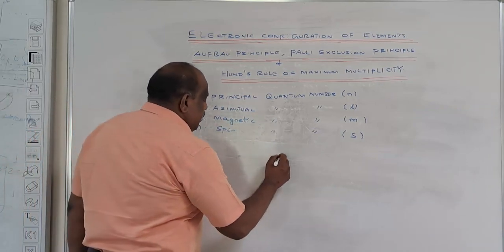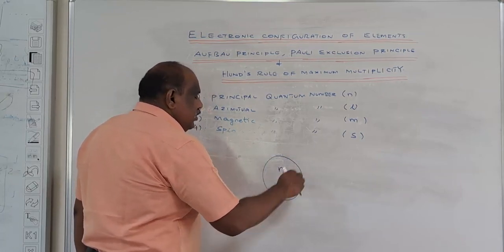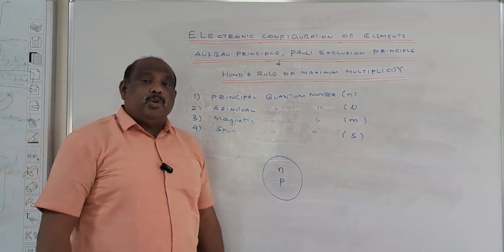So let us take an example. The nucleus is there. The neutrons and protons are within the nucleus, hence they are known as nucleons.